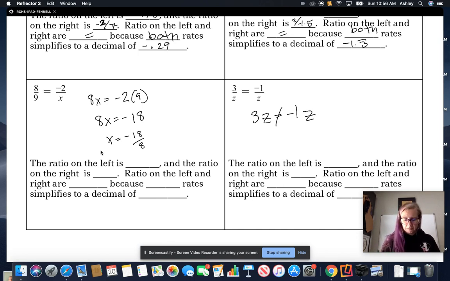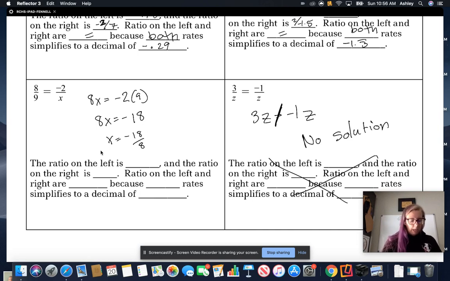That can't happen. So this is going to be a no solution situation. It is absolutely not possible to make 3 over z equivalent in value to negative 1 over z. So they cannot ever be equivalent. None of this applies because they are not equivalent.